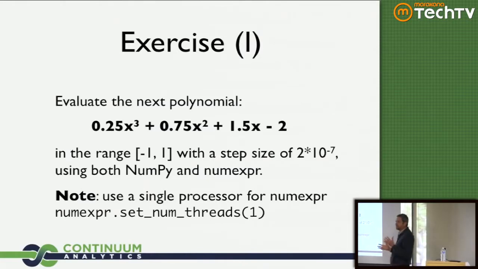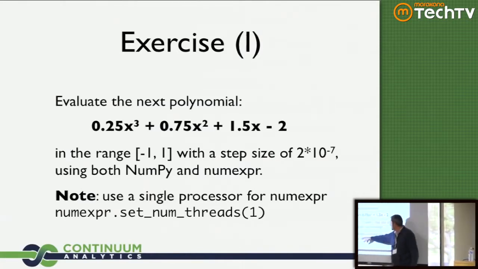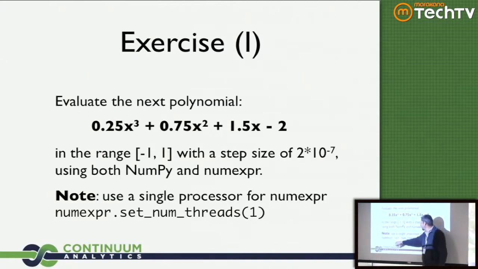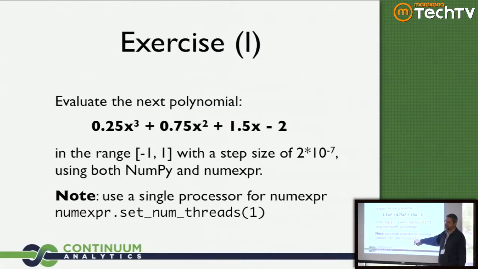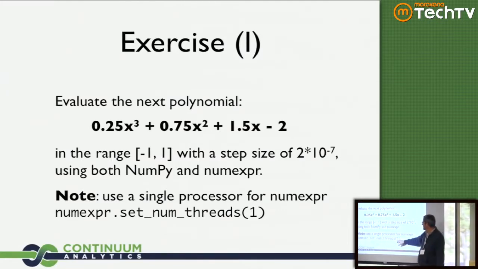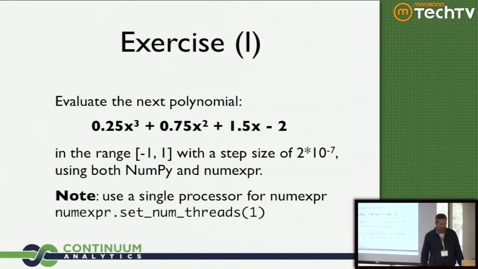In order to compare apples with apples, we should be sure that Numexpr only uses one thread, because NumPy only uses one thread by default. So the exercise must be carried out with this.